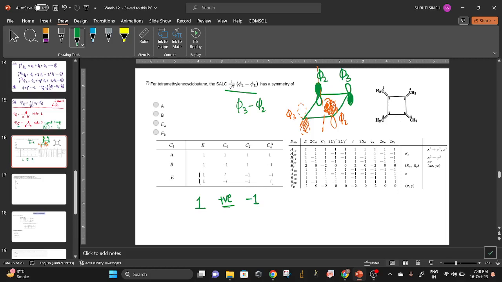Okay. Next is C4 cube. When we apply C4 cube, first of all, they will change their place completely. So phi 2 will be here, phi 3 will be here, and there will be change of sign as well.